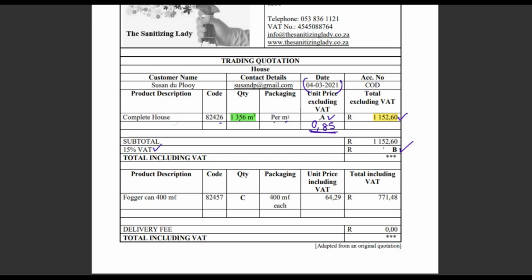We shall say 1,152.60 times 0.15. The answer becomes 172.89.